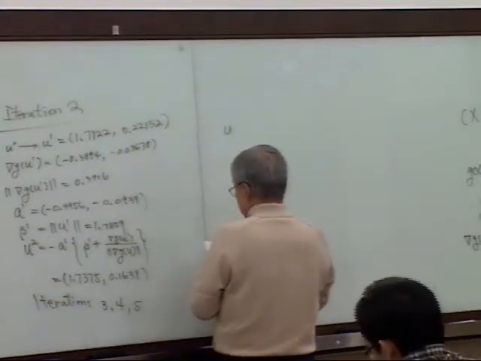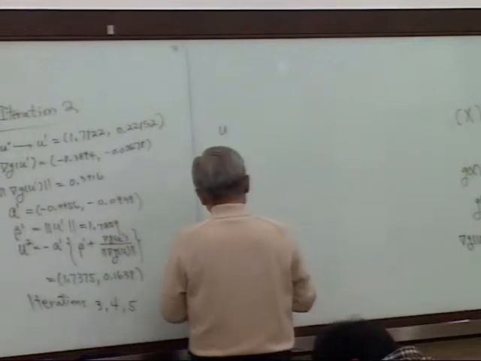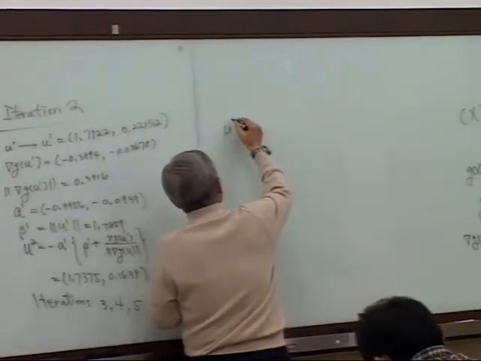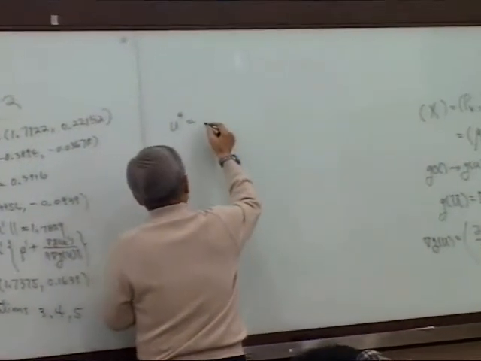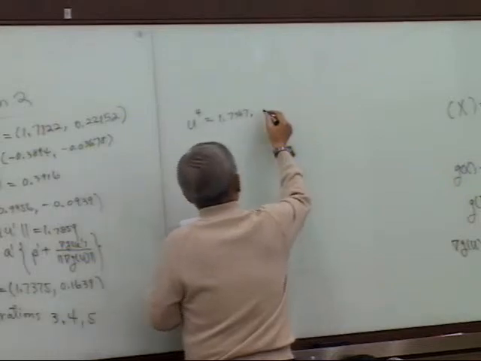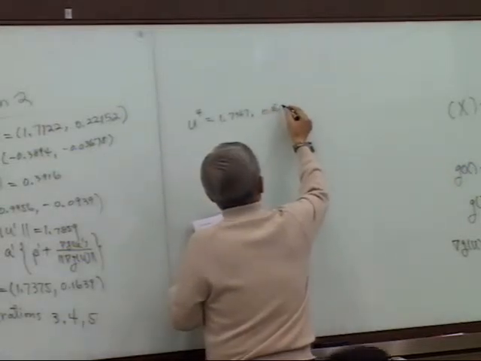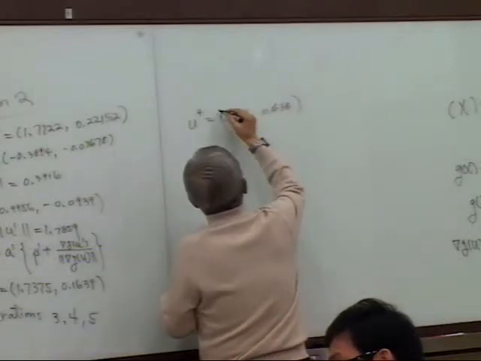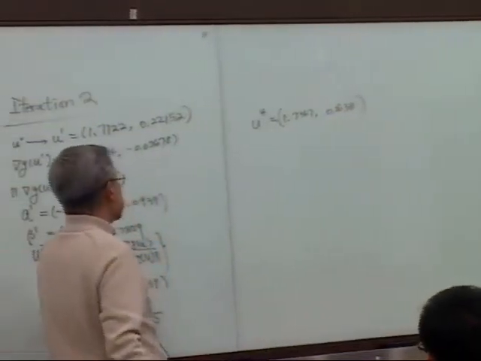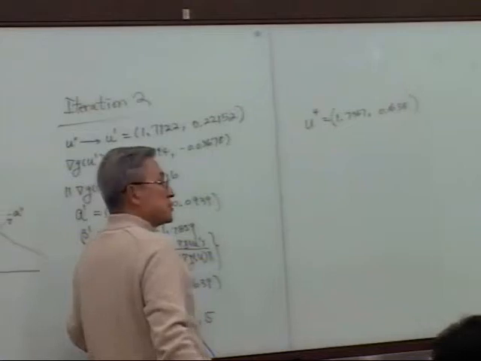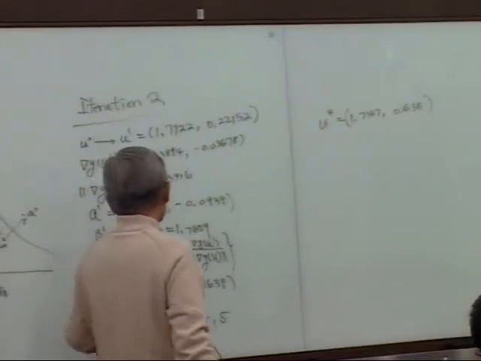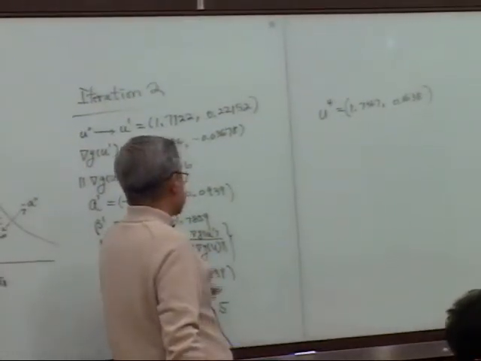This is the second iteration, and the third iteration and fourth iteration come out like 1.7367, 0.1638. The fourth iteration comes very close to the others. Even the second iteration, U2, comes very close.